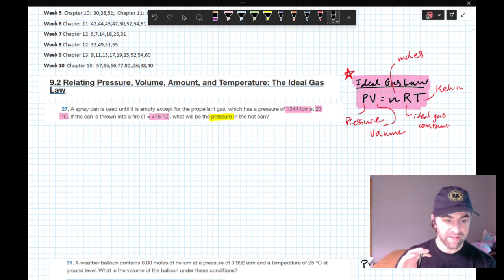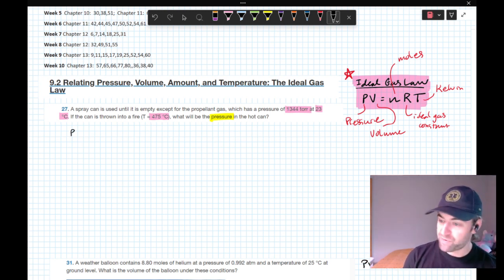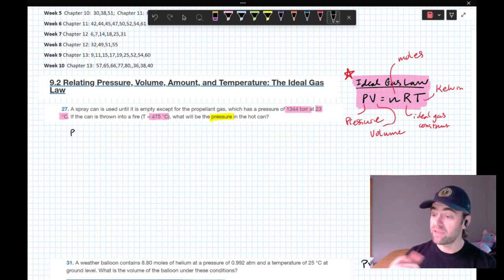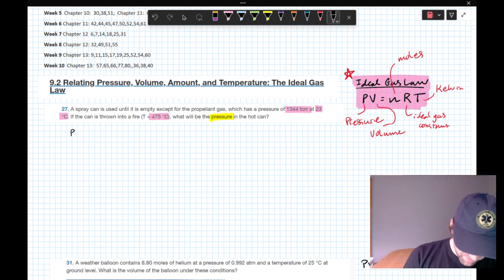But before we do that, let's again look at these terms that we have and what we're solving for. We have a couple of pressures and we have a couple of temperatures. We can relate these two, and we have a pressure and temperature before and a pressure and temperature after a change.